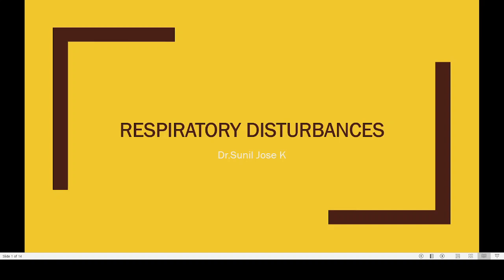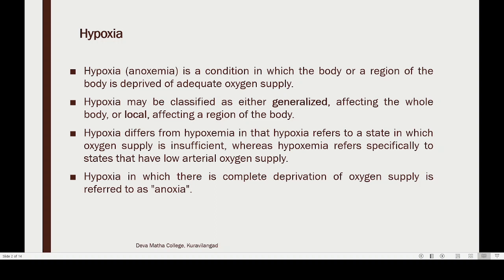So, coming to the respiratory disturbances or disorders, we have to study a few diseases. The first one is hypoxia. Hypoxia is a condition in which a part or region of the body is deprived. Deprived means not getting. A certain part of the body, maybe lungs, hand, legs, or brain, or any part of your body, is not getting a sufficient amount of blood.